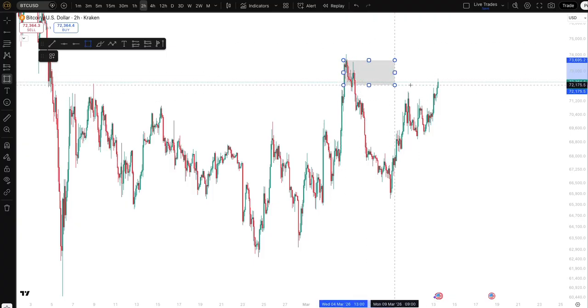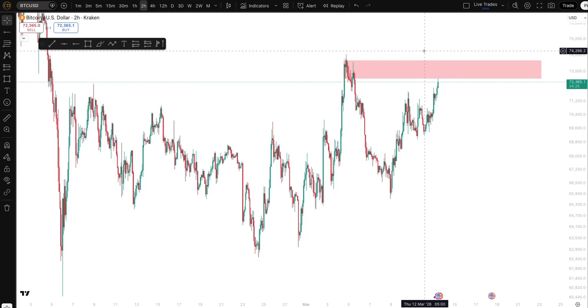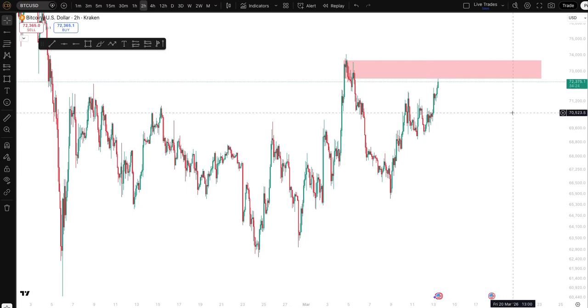So then I always put a box and I make it a red box, so I know that this is the short area. Around this area I want to open a new short trade. This is the extreme, so here are always the A setups. The best setups are always around the extremes.